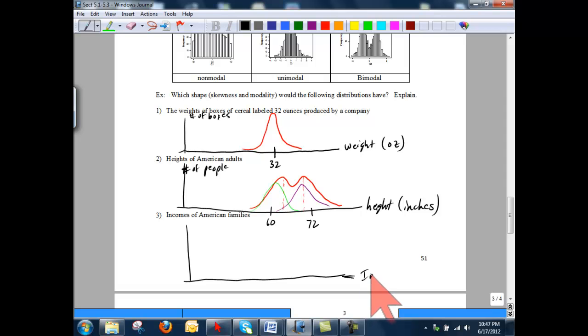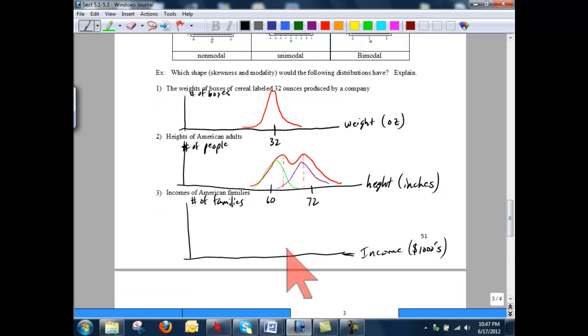And how about if I did a graph of income in, say, thousands of dollars, and here is number of families. Well, I think the average income of U.S. families now, not people but families, is somewhere around $50,000.